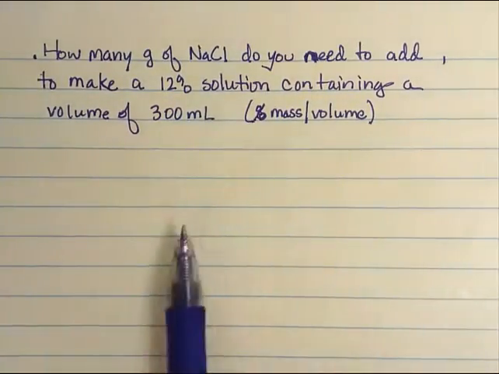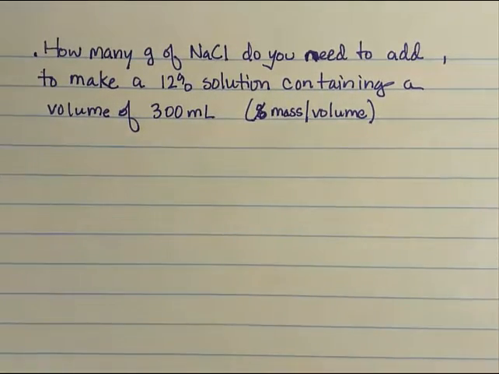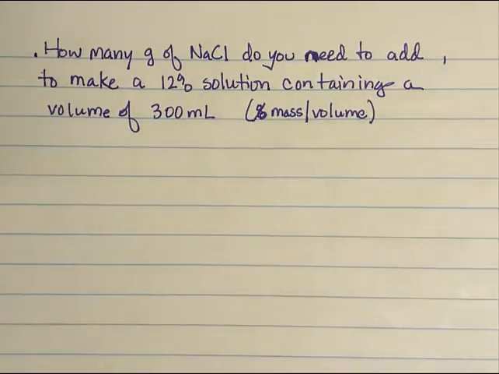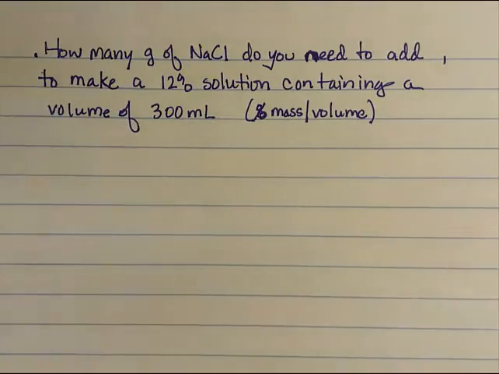This is going to be a water solution where you're dissolving sodium chloride to make a 12% solution at a volume of 300 mils. So maybe you need to make this as a saline solution for a patient or something. So you want to be able to get the correct concentration. That would be very important, especially in a medical situation.